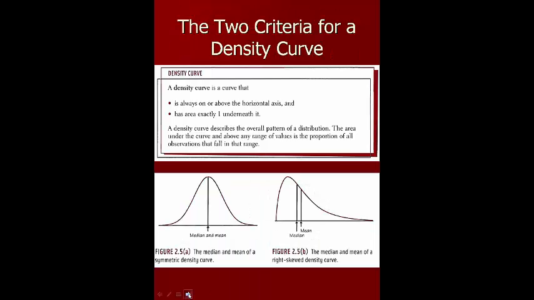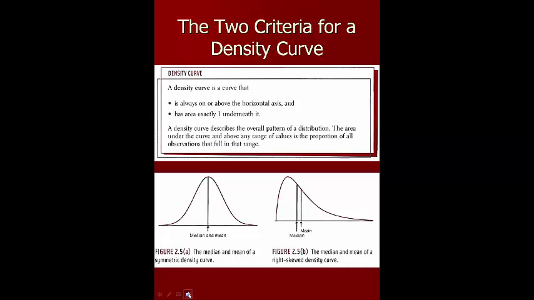So there are only two criteria that we need for something to be a density curve. One, everything always has to be above the horizontal axis, and it has to have an area that equals 1 underneath it. Okay, and I give you two examples here from figure 2.5 A and B. We have the median and mean of a symmetric density curve, what we have always known as the bell-shaped curve.